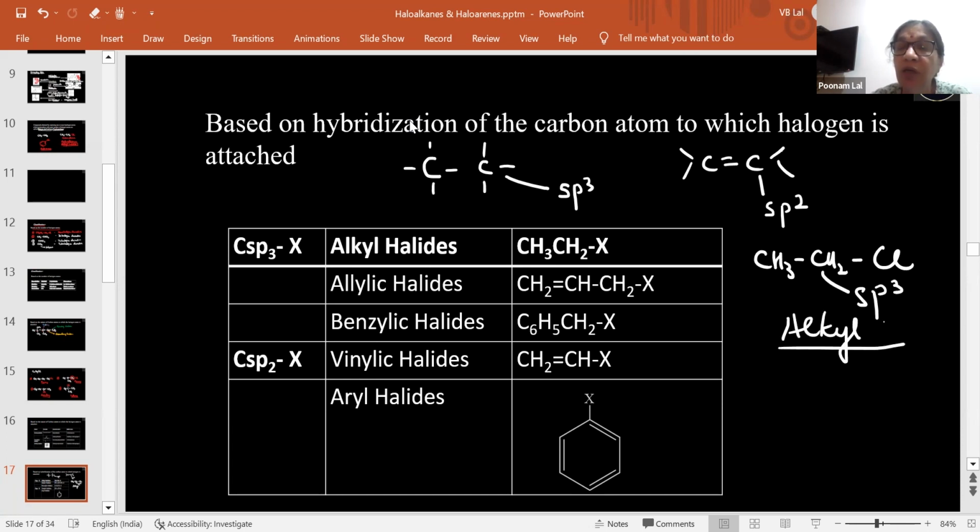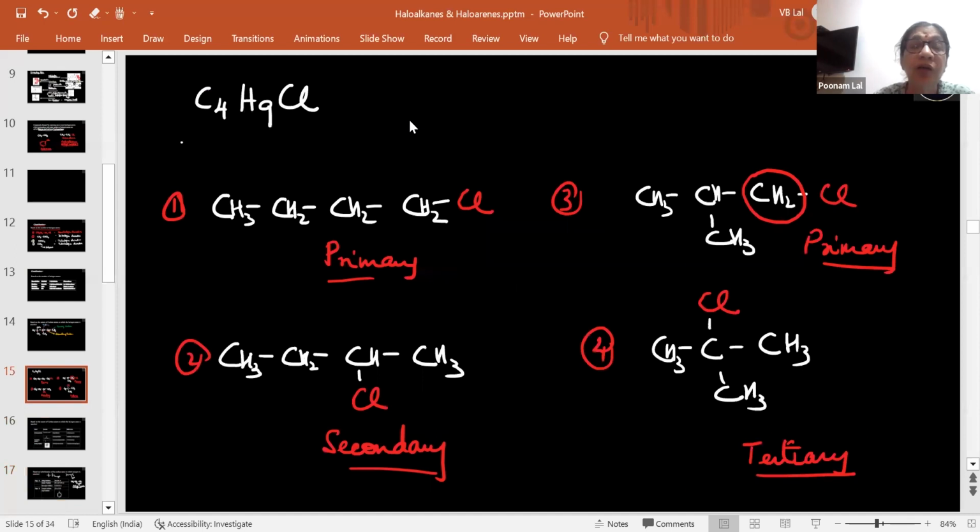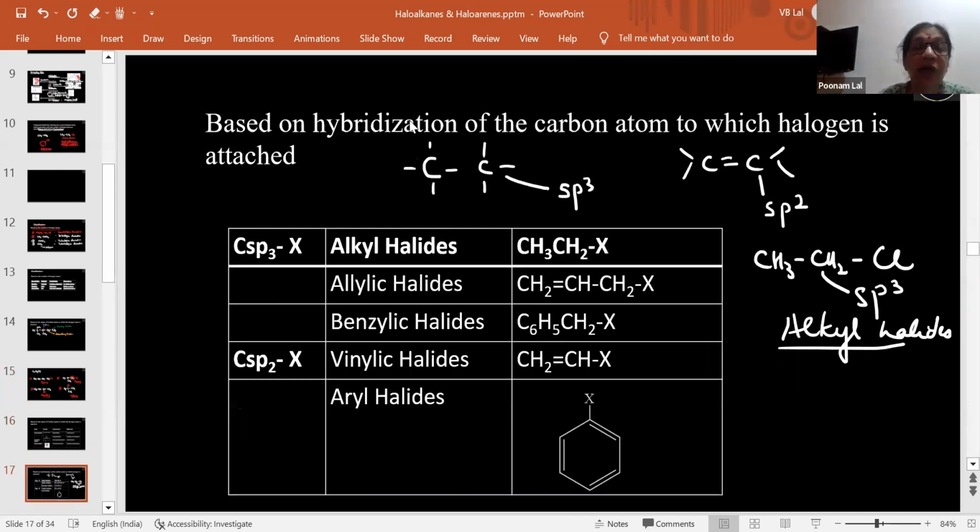All were alkyl halides. In the previous page, the examples that we learned, each carbon atom on which the halogen is attached is sp3 hybridized, so they are all alkyl halides. Now we have to look at other carbon atoms.